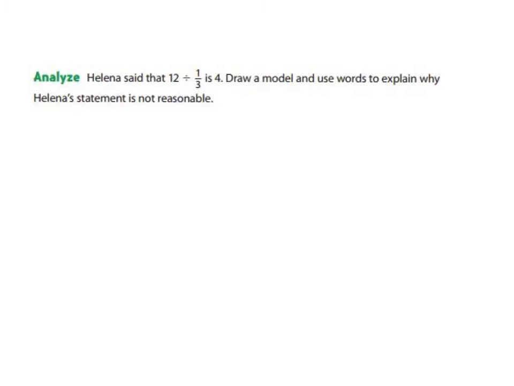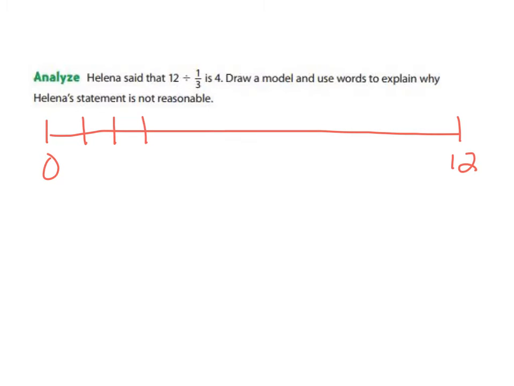Okay, Helena said that 12 divided by 1/3 is 4. Draw a model and use words to explain why Helena's statement is not reasonable. Well, my first thoughts go to an easy number line. So I'm going to draw a number line, and it's going to start at 0 and end at 12. I've got to divide it 1, 2, 3, 4, 5, 6, 7, 8, 9, 10, 11.